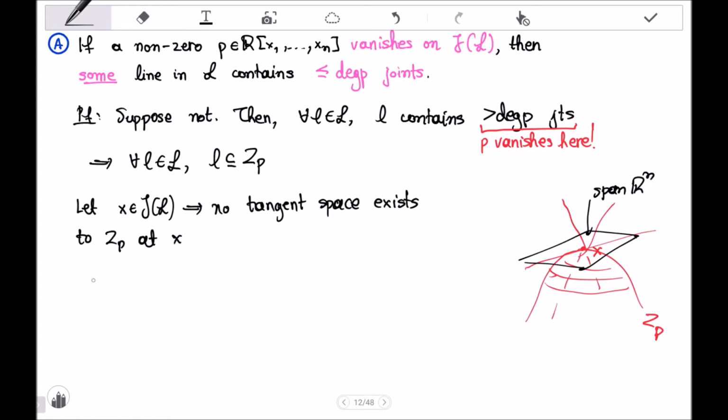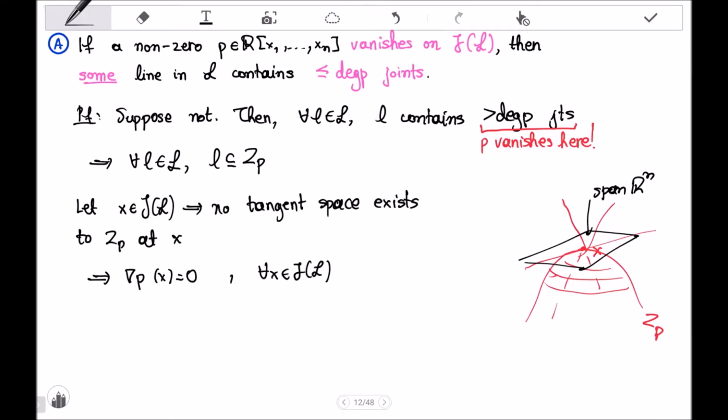Okay, and now what does this mean in terms of vanishing of polynomials? It means that the gradient of the polynomial, so the vector of all partial derivatives, at X must be 0, no matter what joint I start with. For every joint X, the gradient must vanish.